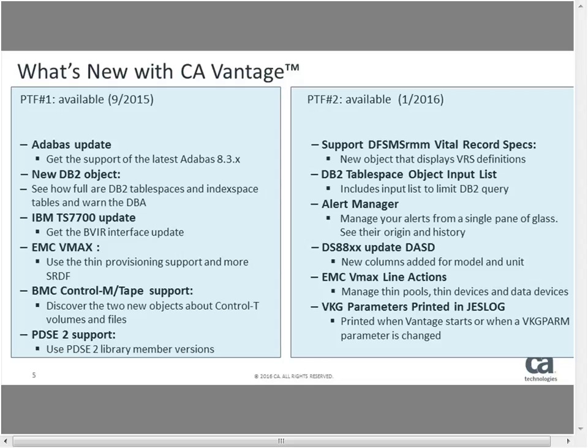We've updated the interface and objects for the EMC VMAX, also for BMC Control-M tape, and added support for the PDS version 2. The latest drop, which we did a week ago, has support for RMM virtual record specs.